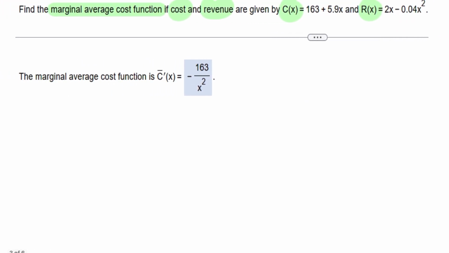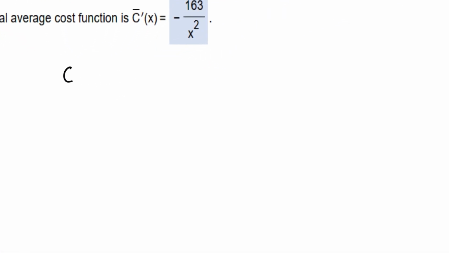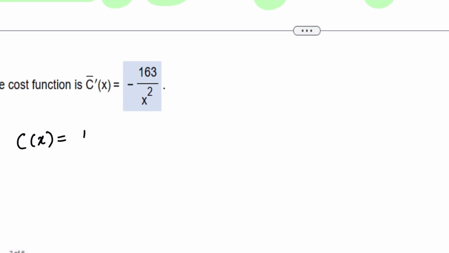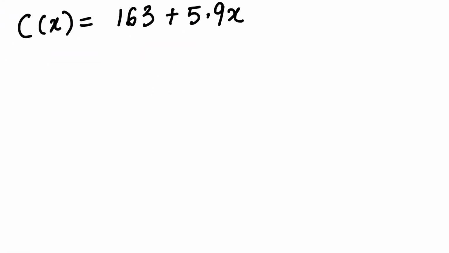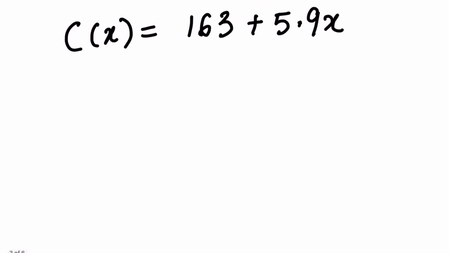They're asking me to find the marginal average cost, so I'm going to write down C of x, let me expand this one. I just need one function here. C of x is equal to 163 plus 5.9x.